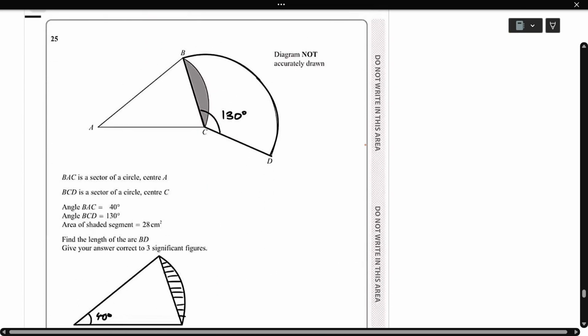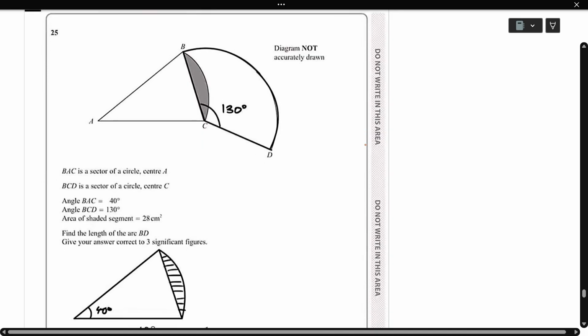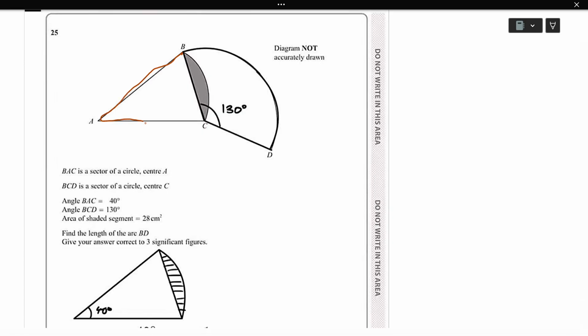So question 25 now. Okay, so there are 2 sectors together. One sector is going to be this, another sector is going to be here.